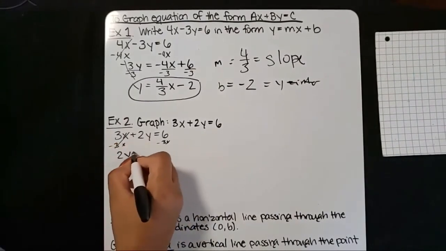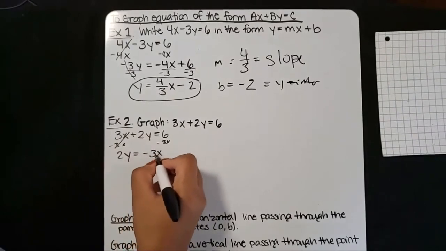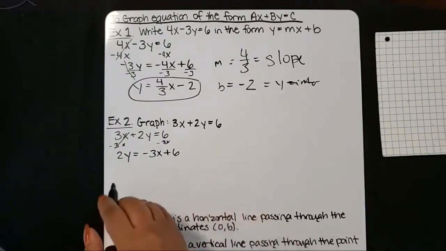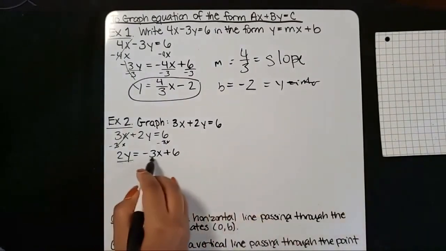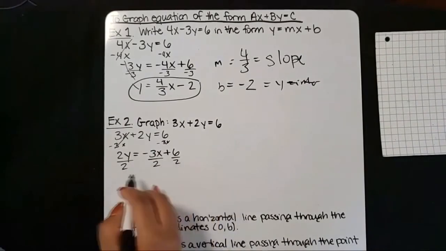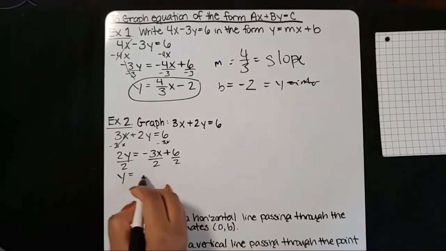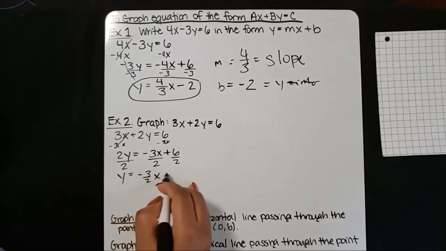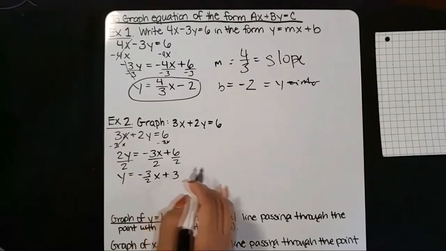We got 2y equals negative 3x plus 6. Then we're going to divide everything by 2 because we want that y to be by itself. So we have y equals negative 3 over 2x plus 3.